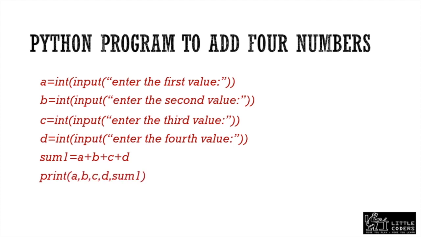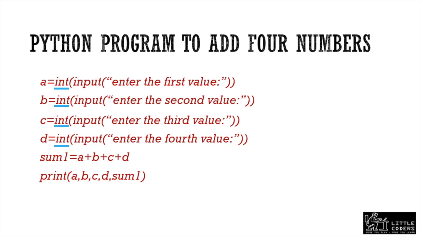That is, we want to get one value and store it as the value of A. The second value is going to be stored as the value of B, the third value as C, and the fourth value as D. Now you are going to give only integer values, so then only we can find the sum.